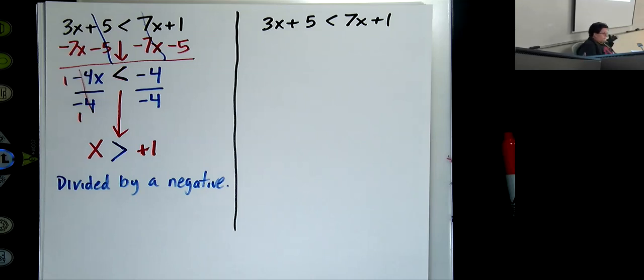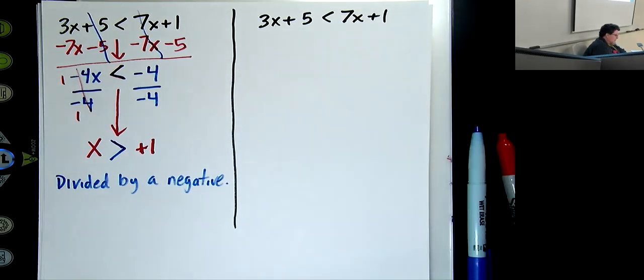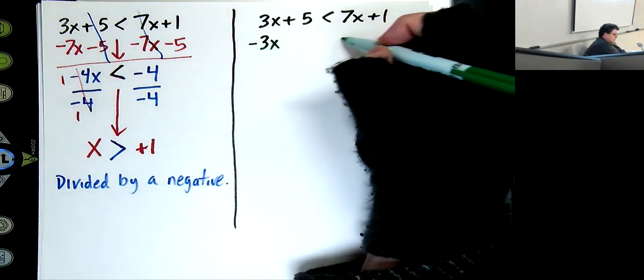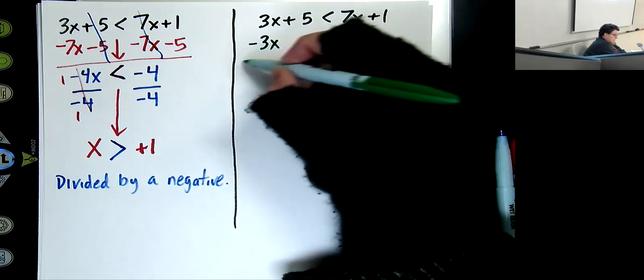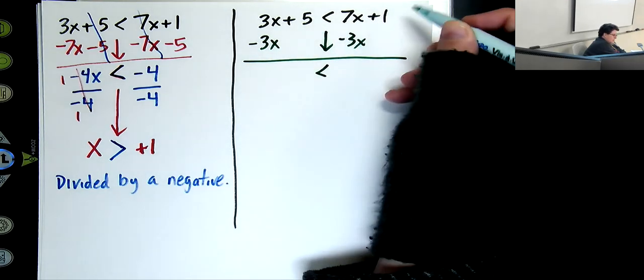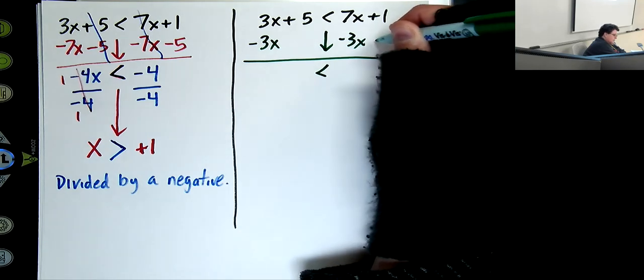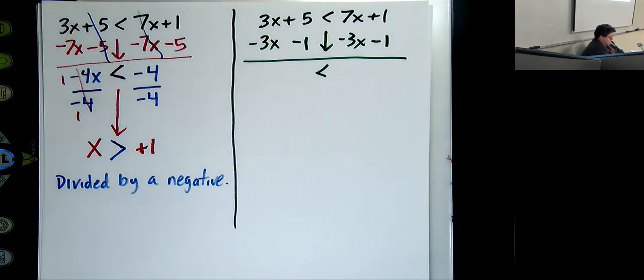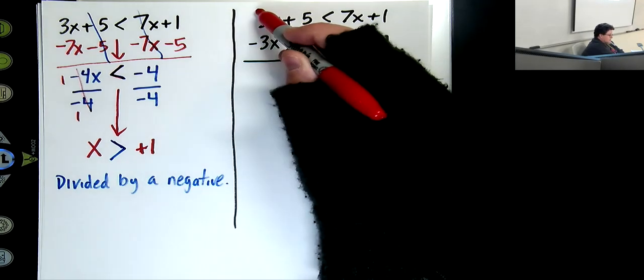Let's say you didn't want a negative number in front. Let's say you go, I don't want to have a negative 4x. Instead, I'm going to move my 3x by subtracting 3x from both sides. And that means I'm going to move my constant numbers to the left by subtracting that one. On the left side, the 3x minus 3x goes away.